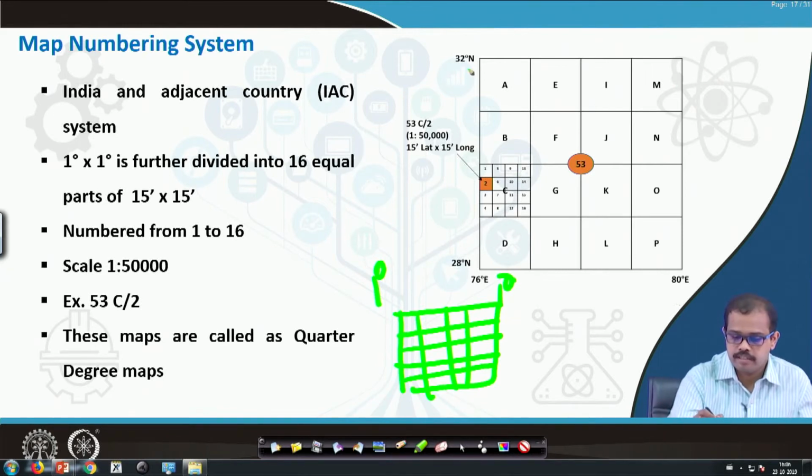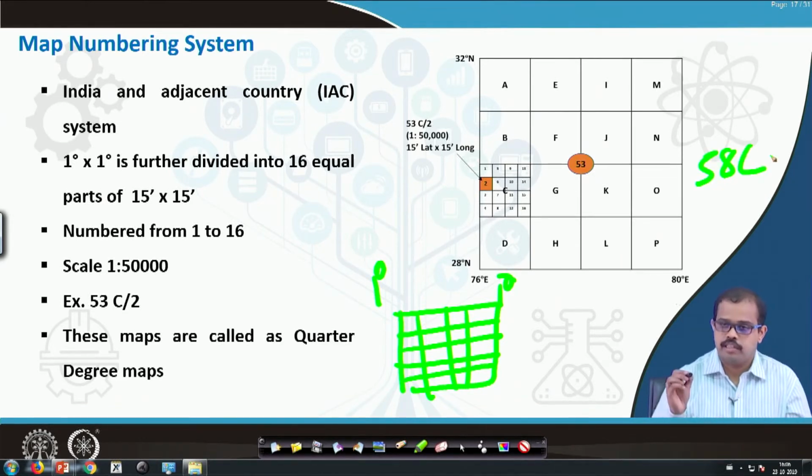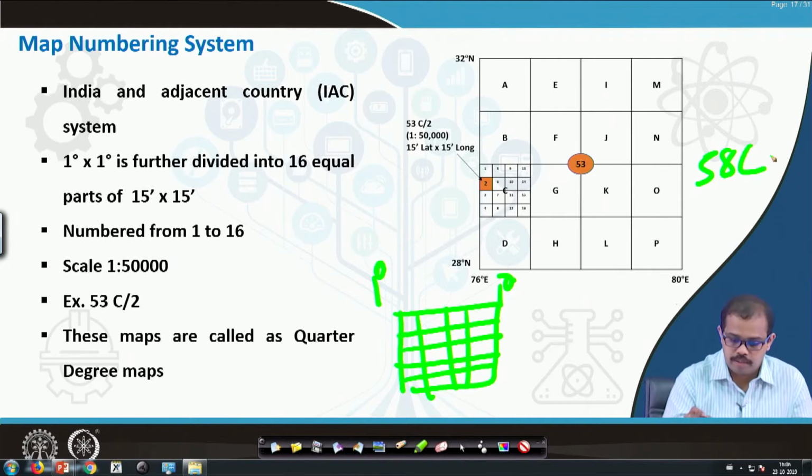For example, this entire thing is 58, and we divided it into 16 boxes. Now we rename those boxes as A B C D, right. So now if I write 58C, it is 1:250,000. Now this particular C, I again divide into 16 boxes, and the boxes are named 1, 2, 3, 4, 5, 6, 7, 8, 9, 10, 11, 12, 13, 14, 15, 16.